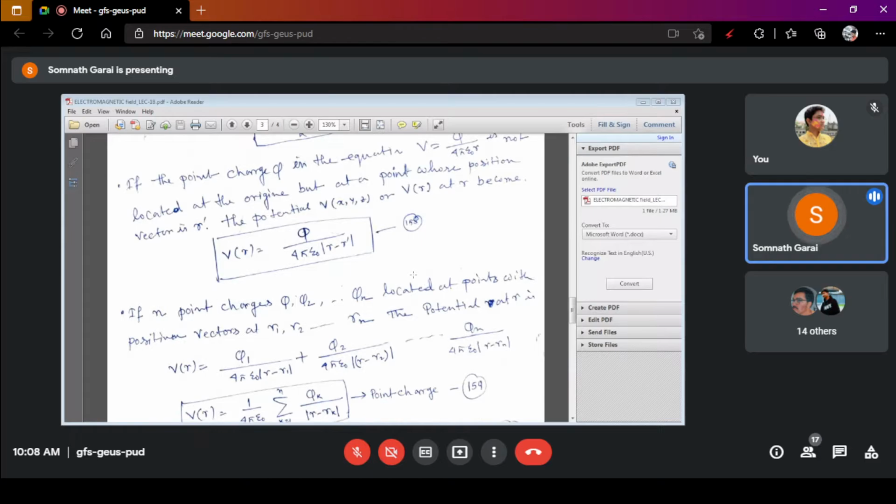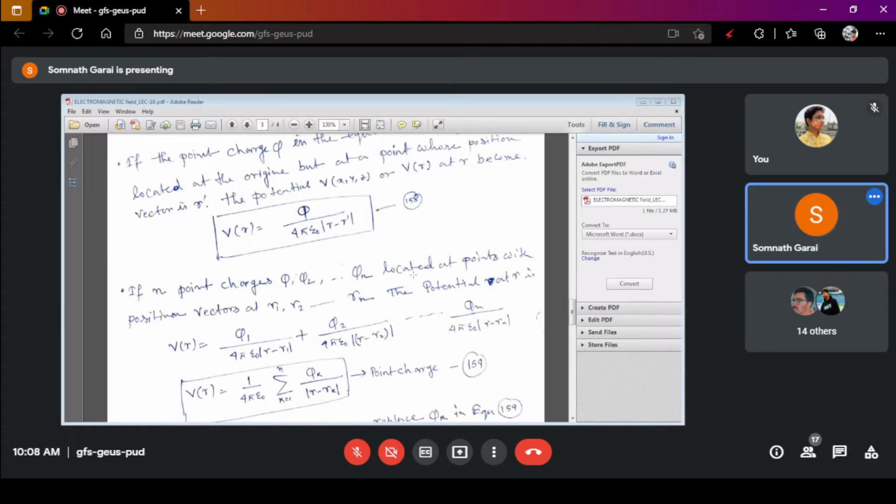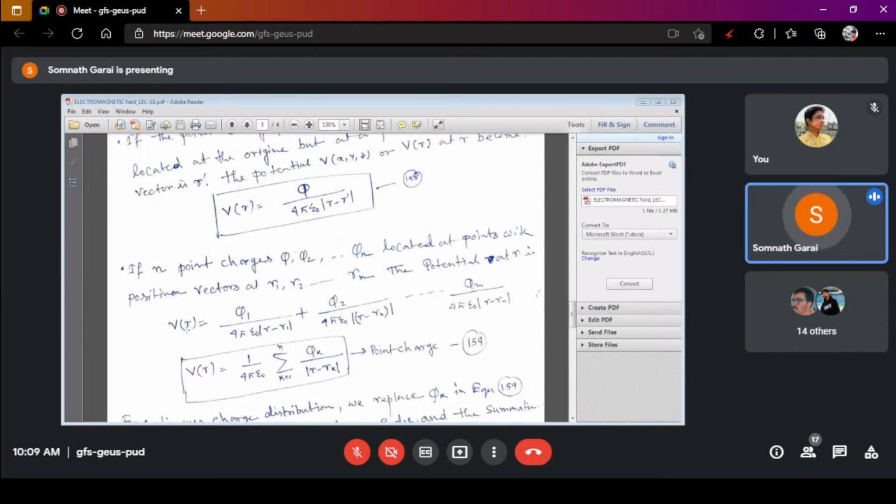Now if there are n point charges located at position vectors r1, r2, up to rn, that means q1 whose position vector is r1, q2 whose position vector is r2, q3 whose position vector is r3, qn whose position vector is rn, then the potential at point r is given by V of r, the addition of the potentials of each point.